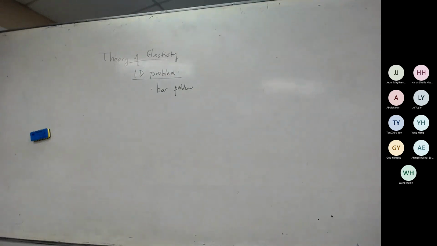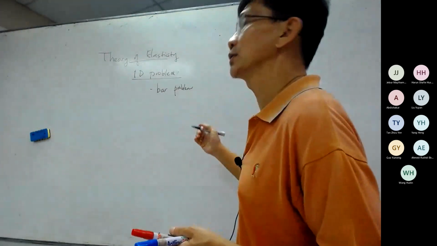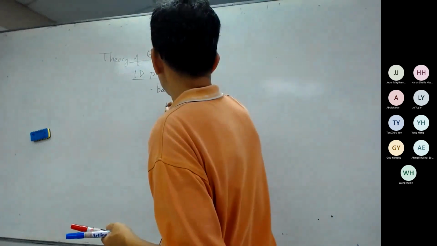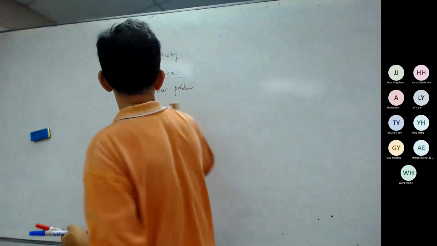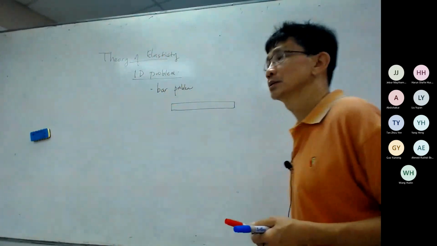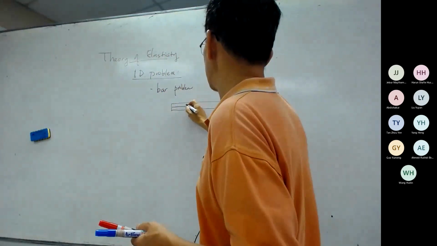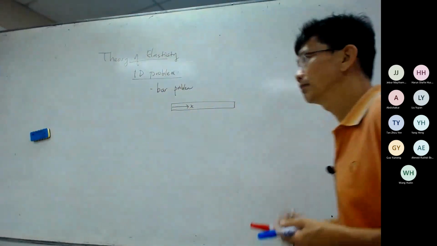Now, if we look at the bar problem, the characteristic of the bar problem is that we have one bar, and there are two ends here. This is represented, as I mentioned, using one coordinate system.